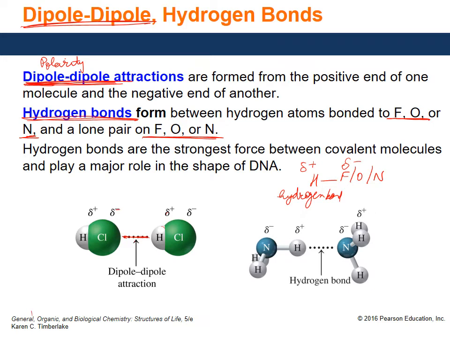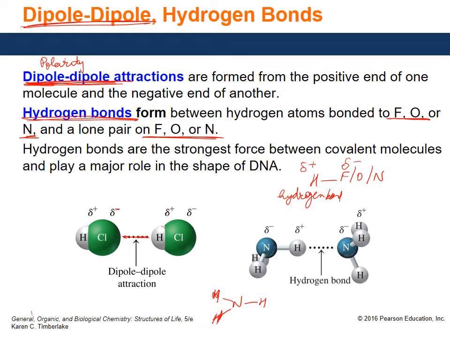For instance, if I pick a molecule of ammonia, like ammonia shown here, ammonia is basically NH3. So let's say this is NH3, it has 1 hydrogen, 2 hydrogen, and 3 hydrogen, and this is nitrogen.